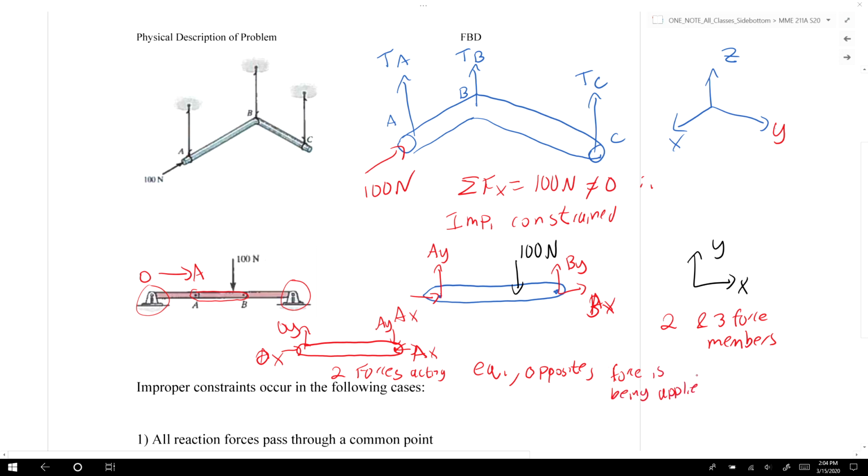So for OA, this would simplify down to just being a single force going along the x-axis. So therefore, we can remove one of our components.